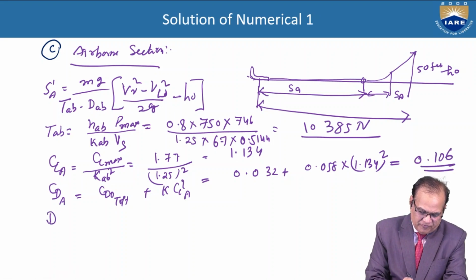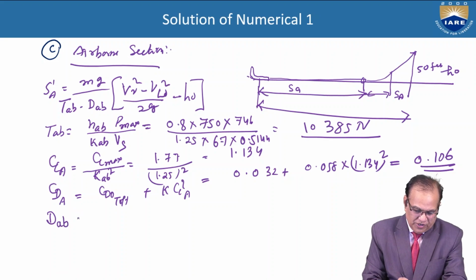So now we have to find the total drag. DAB is equal to half rho S CDA into V square. So here 1.25 into V2 square.